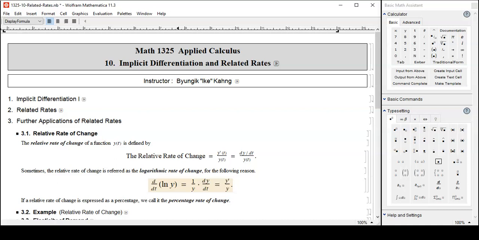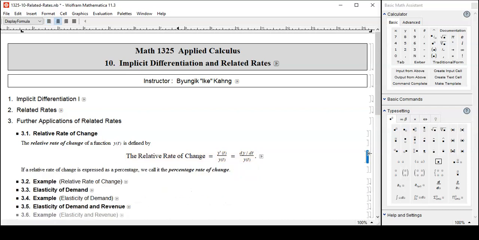Take the derivative of log of y, and by the chain rule, we take the derivative of the outer function, that's log of y, so we have 1 over y, times the derivative of the inner function, dy dt. That's by the chain rule. So in the end, what do we have? We have y prime over y. That's the very same quantity as the relative rate of change. So the relative rate of change and the logarithmic rate of change turn out to be the same. And consequently, many of those relative rate of change have logarithmic units. Okay, let's stop there. I don't want to get too advanced here.